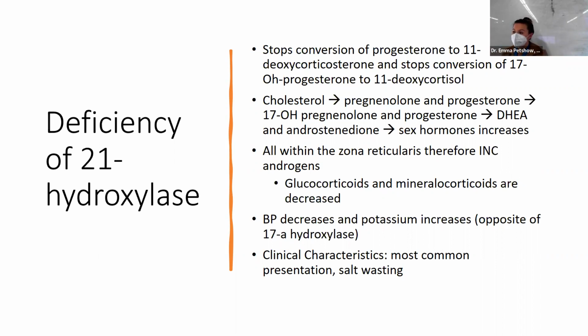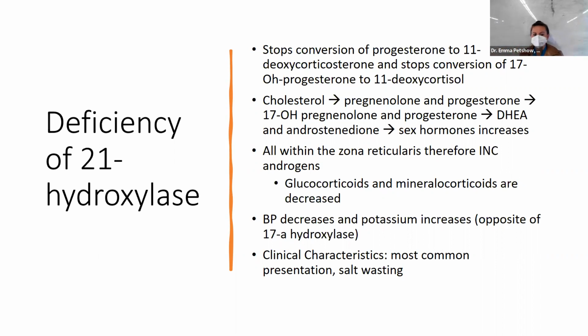So what can happen still then? Well, cholesterol can still become pregnenolone and progesterone, so we can still have that. It can still become 17-hydroxypregnenolone and 17-hydroxyprogesterone. And from there, the only pathway available, which I'll show you here in a minute, is our DHEA and androstenedione, so our sex hormone pathway.